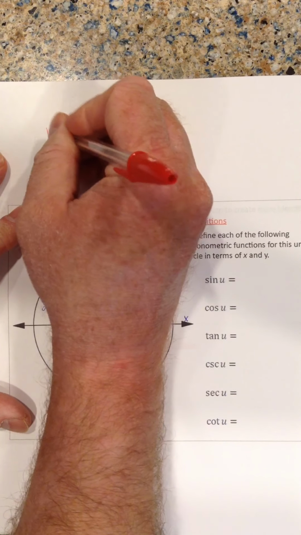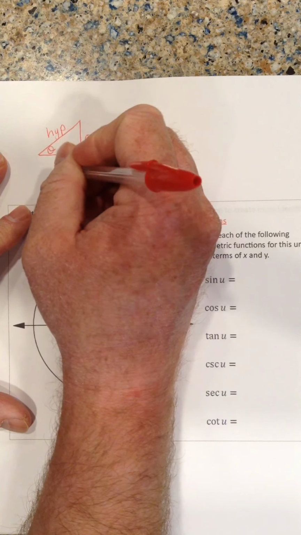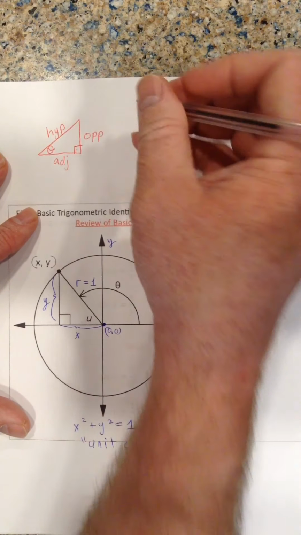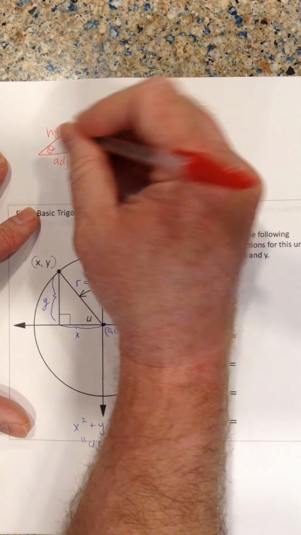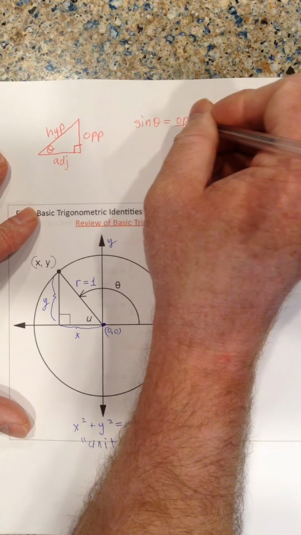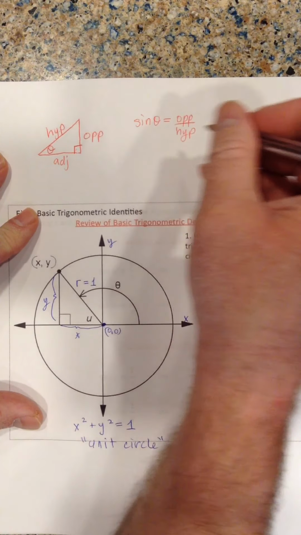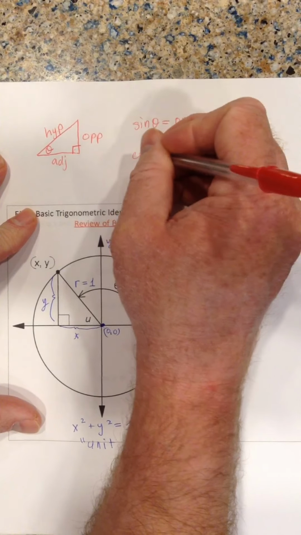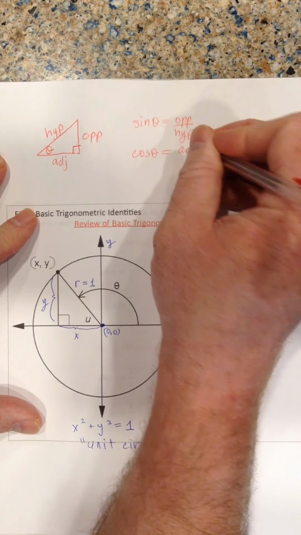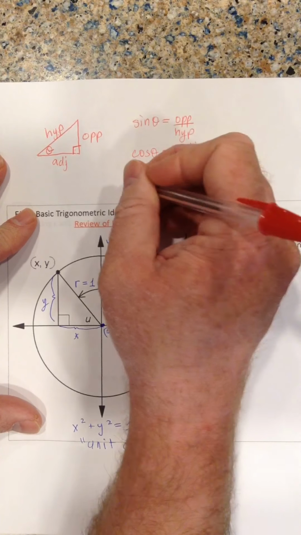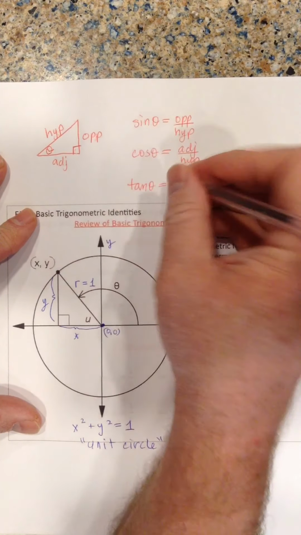This side, the longest side, opposite from the right angle, is the hypotenuse, and this side is the adjacent side. So sine of theta is defined as being the opposite over the hypotenuse. And cosine of theta is adjacent over hypotenuse. And the tangent of theta is defined as being the opposite over the adjacent.